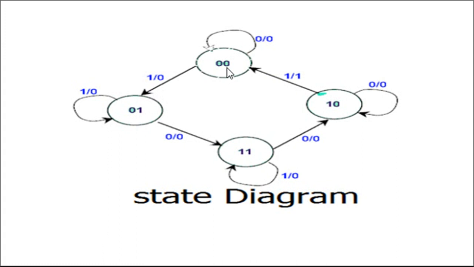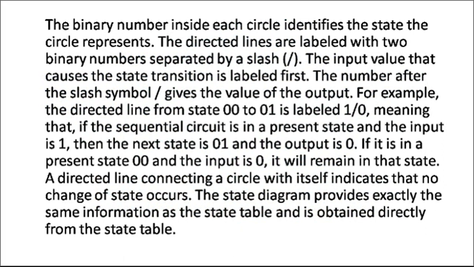Means for every state, having the input 1, at that time what is the next state and what is the output. The arrow where it ends indicates your next state. It's called a state diagram. It's nothing but a graphical representation. The same thing is written on these slides.